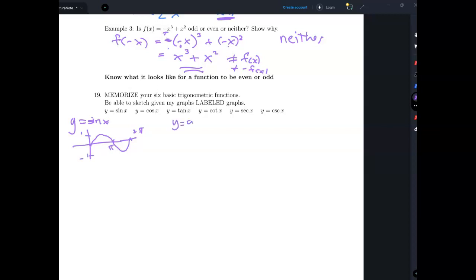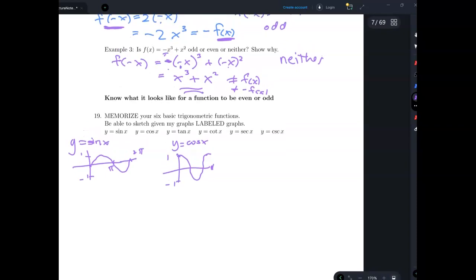If you were to draw one cosine wave, it starts up here at 1, goes down to -1, and this stops it. I'm just drawing one cosine wave, 0 to 2 pi, and the x-intercepts would be pi over 2 and 3 pi over 2. X-intercepts matter. I want you to be able to label them.